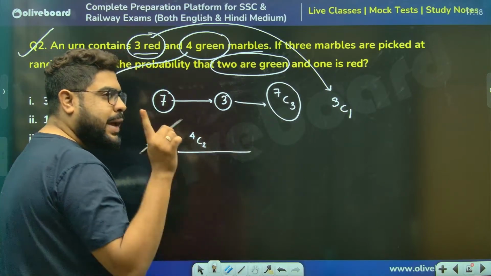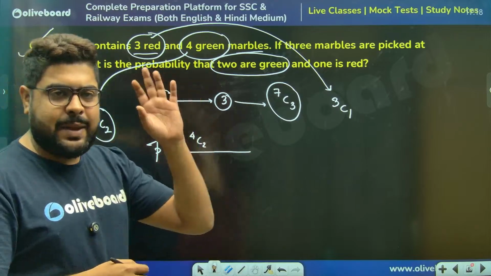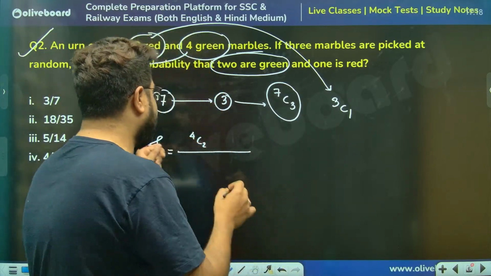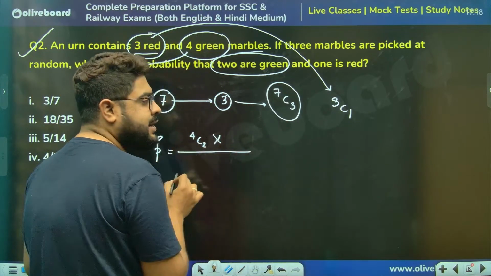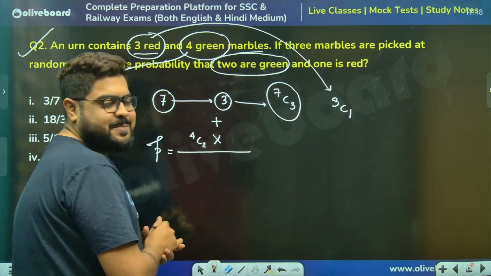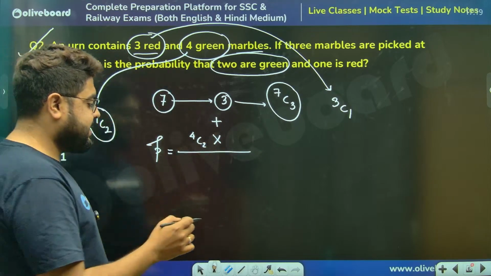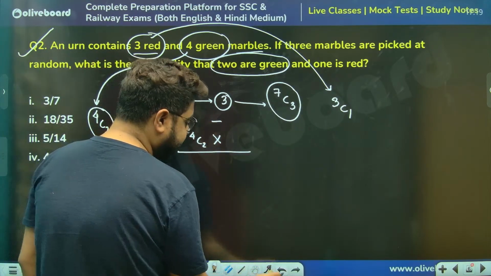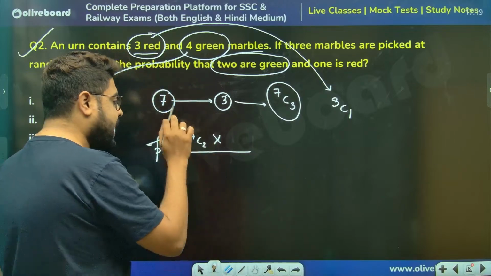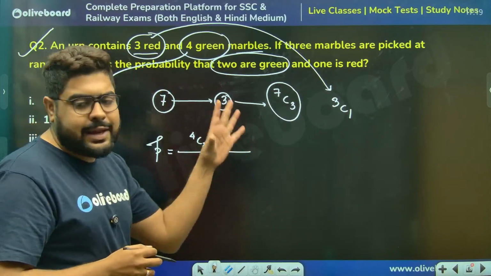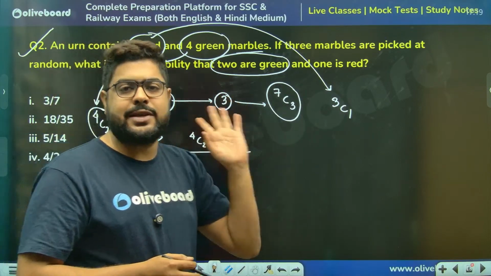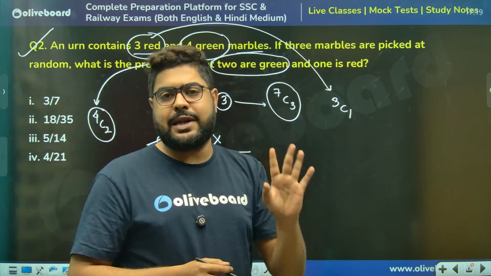Now there is a big confusion. Many people have this confusion, sir, whether to put multiplication here or to put addition here. Let me clarify this. Always remember, this is the basic principle of counting. If your work is complete, then only you put plus. Otherwise, you need to put multiplication.